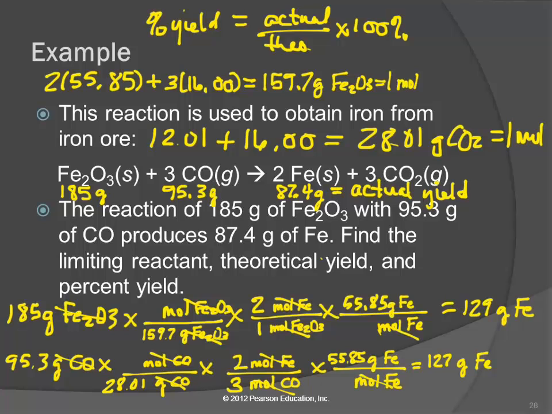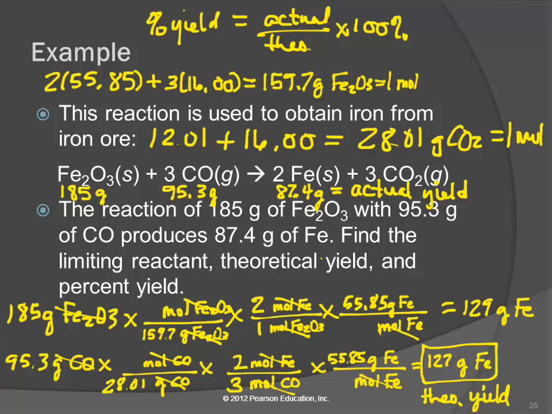What's the theoretical yield? The smaller one, right? This is the theoretical yield. It's always the smaller one. That wouldn't be considered a limited product? There is no limited or limiting product, only a limiting reactant.